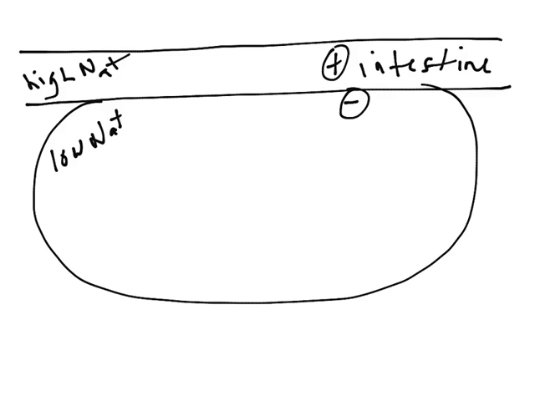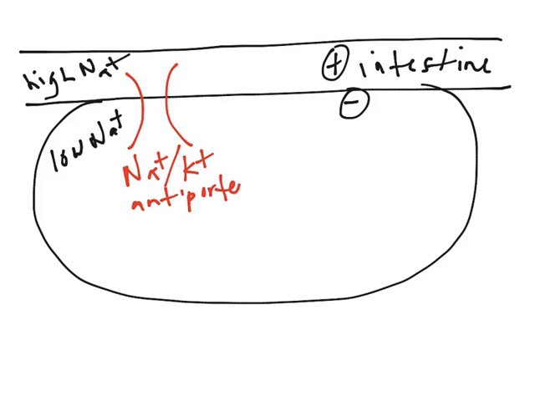So we can add our first sodium-potassium transporter. This is going to be the primary active transport that's establishing these high and low sodium concentrations. So a lot of times we just represent that channel like this. So this is going to be my sodium-potassium antiporter. So this ATPase is going to pump sodium in one direction and potassium in the other direction.